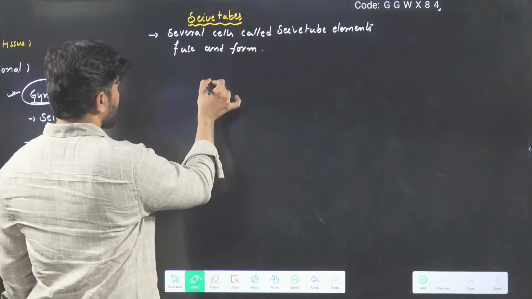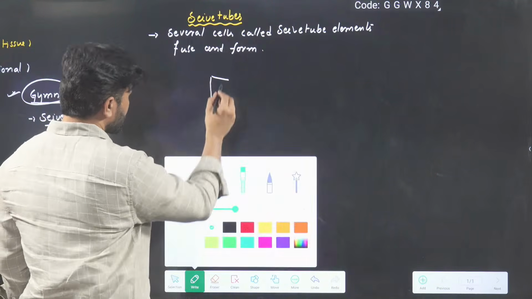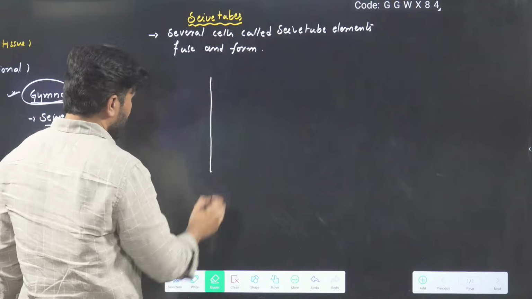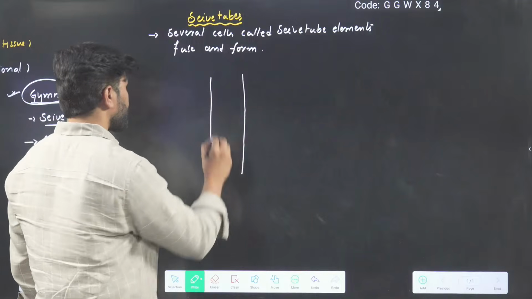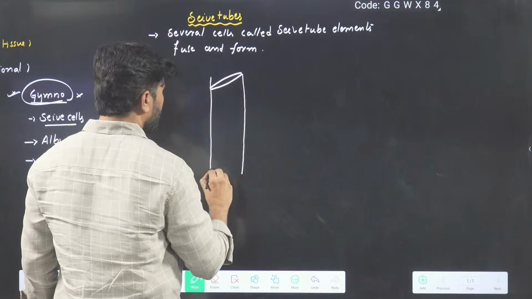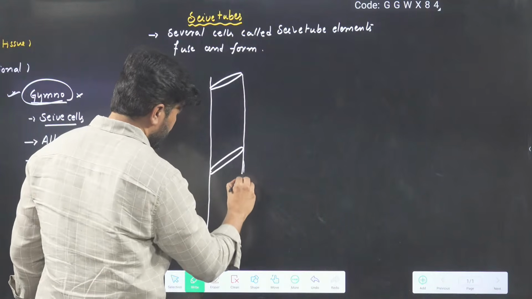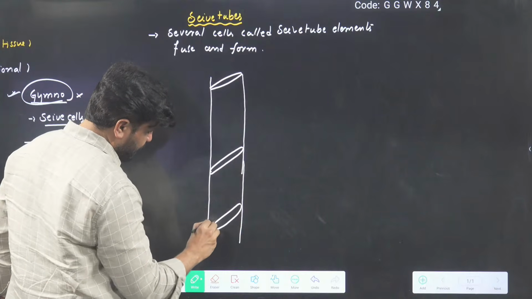Consider this. This is a sieve tube element. Sieve tube elements will have obliquely arranged cross walls. This is one sieve tube element; generally, this is the general appearance.